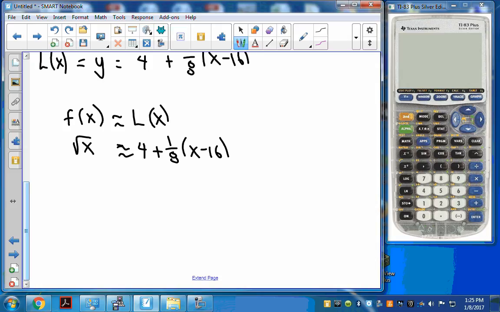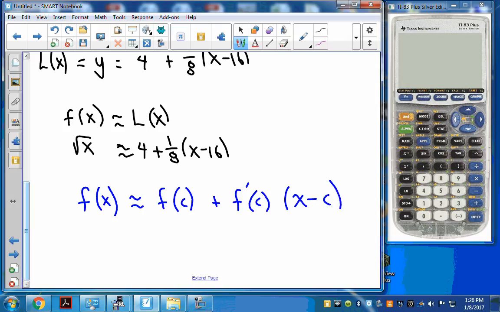Remember, AB doesn't do a lot in second semester, but for the BC class, they spend like 7 weeks on this idea of approximations and series. So the function is about the same as the y value, f of c, plus the slope of the tangent line at c times x minus c. So if we had all those components right up front, we could have written that the square root curve is about the same as the y value, 4, plus the slope we'd have to calculate, 1/8, times x minus 16.